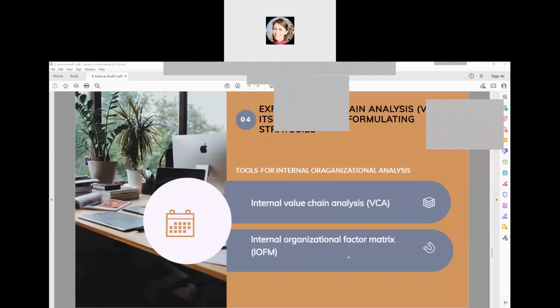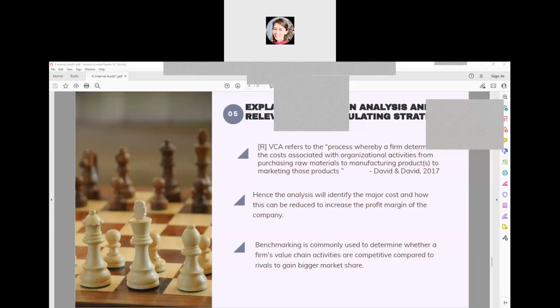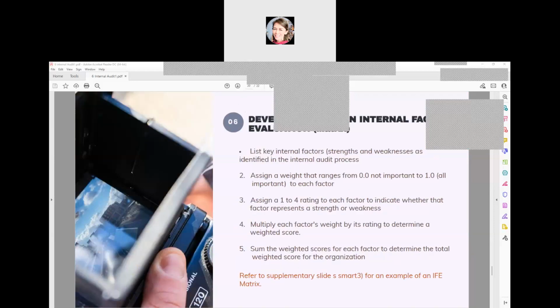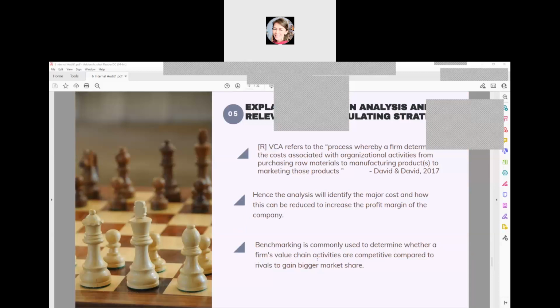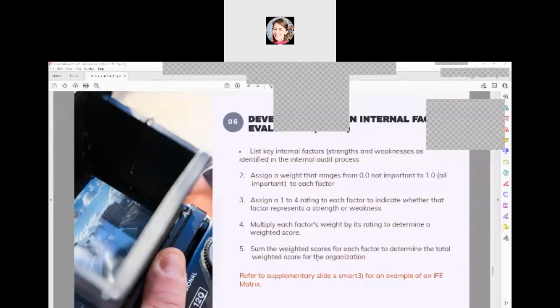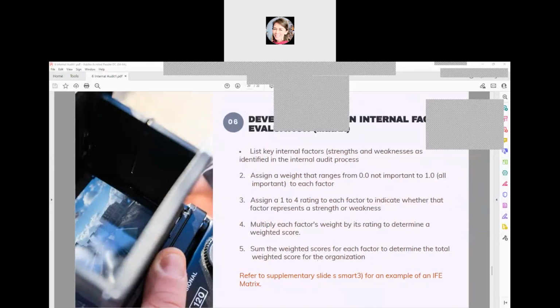The next one is the internal organizational factor matrix, or sometimes we can simply call this IFE, internal factor evaluation. Now, what IFE is, is also a strategy tool, and it's also to evaluate the firm's internal environment and basically to reveal the strengths and weaknesses of the organization.